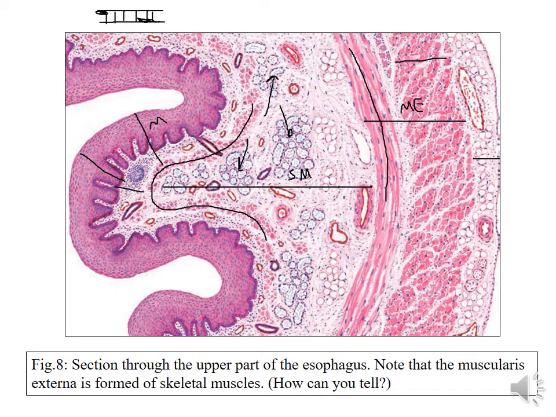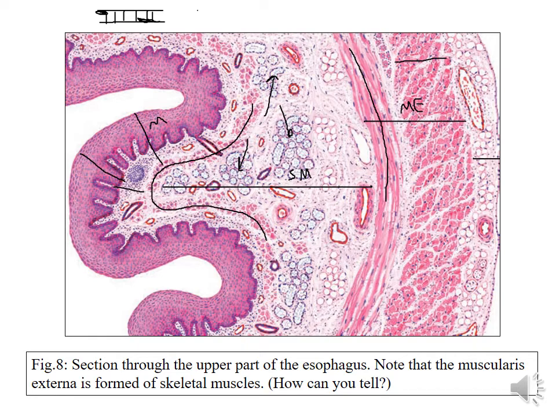What about the longitudinal layer? When I take a cross section through the esophagus, I am actually taking a cross section through the longitudinal layer, because the longitudinal layer is running along the length of the esophagus. So when I cut the esophagus transversely, I am cutting the longitudinal muscle layer also transversely. So how will I see them?